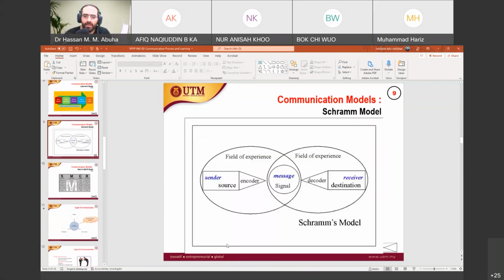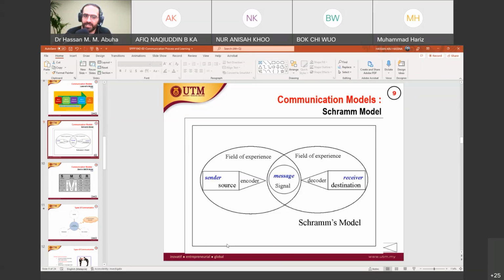And then next we have this model. Now, this model is considered to be a mix between all the models, right? Because we still have 3 main variables, which are sender, message, receiver. But it goes into deeper detail about each one of these 3 main variables.